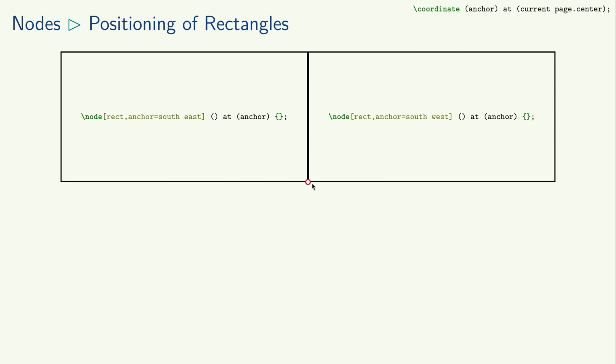Let's try to place another one using the southwestern corner. So southwest here. And you'll probably notice that this line here in the center appears to be wider than the two lines at the sides. That is precisely because those anchor points are at the outside of the line that outlines the shape.